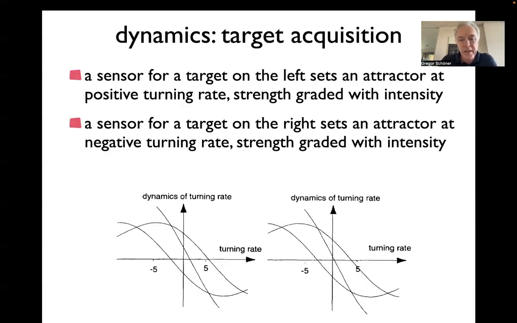everything added. The target acquisition is kind of trivial. We have only two sensors, left and right. There are multiple ways to do that. And a very simple way we did is that we just say that the attractor in terms of turning rate is a function of the luminance these sensors sense. So if it has a lot of luminance, it votes for turning in that direction.